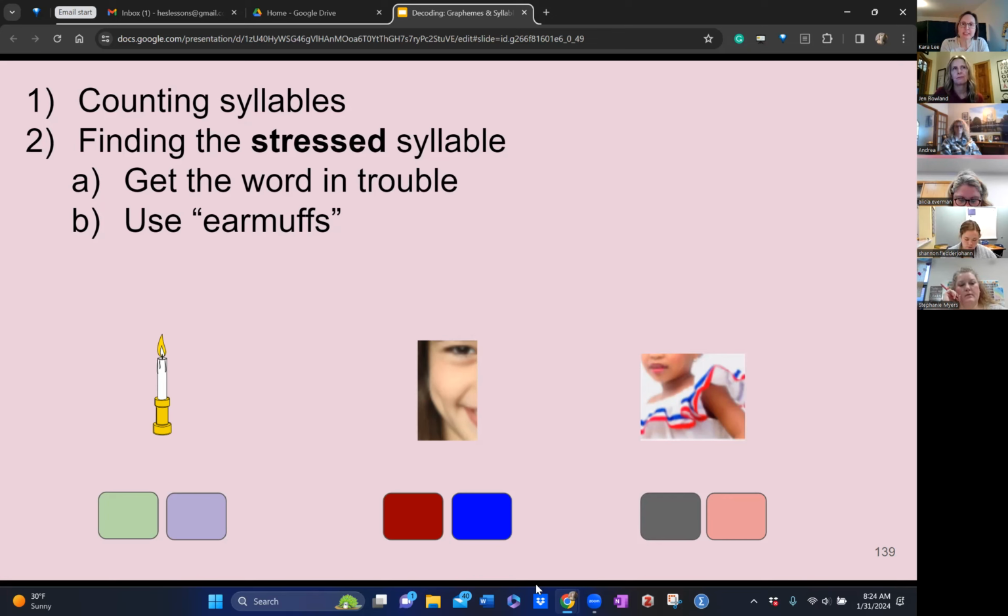Clapping is not an effective strategy. Nor is elongating each syllable. That is not effective for finding stress. If I say candle, okay, I can count the syllables that way.